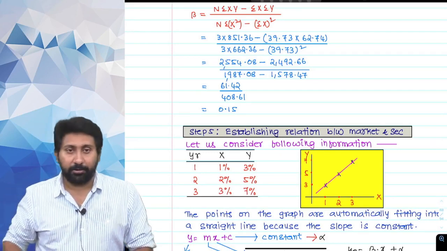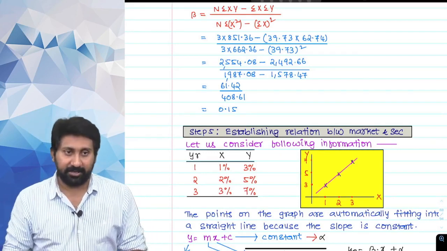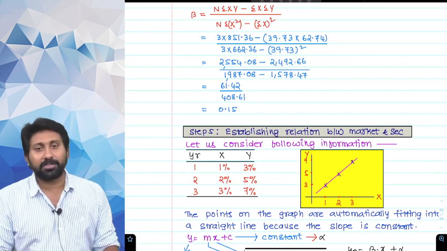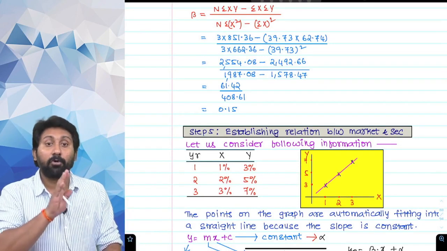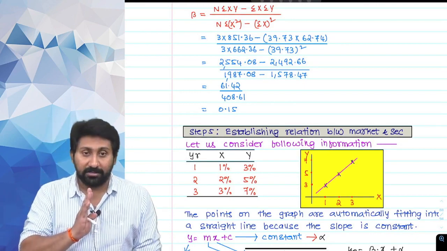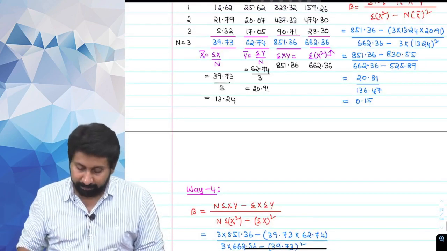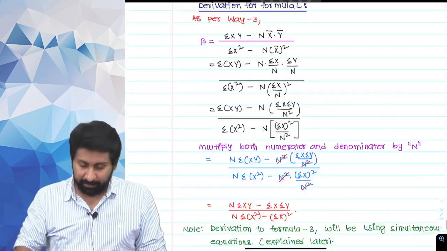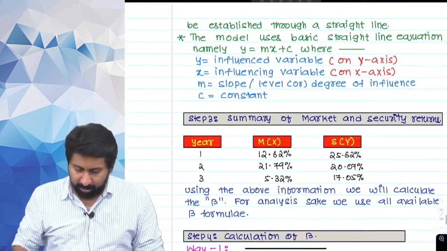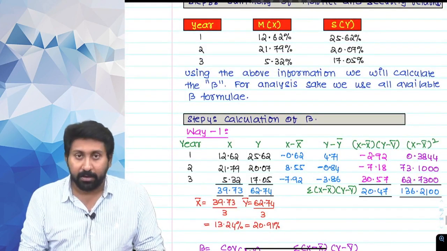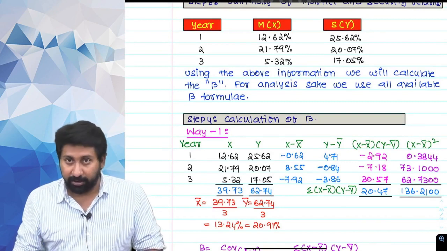So let us continue. In the first lecture, what we have done is we calculated beta. Beta using one model? No. 4 models we have used to calculate the beta. Essentially, the answer through all the models is the same. As I already showed you, first we took the information of the market and the security.